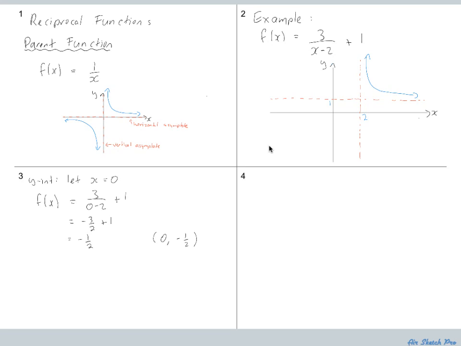Again, if that's looking like voodoo magic to you, then you'd have to ask yourself, where am I getting lost? Is it that I don't understand why we're setting x equal to 0? Or is it because I don't understand the substitution step? Is it because I don't understand my fractions yet? Every single one of those statements can be solved by review, by asking me to help you, and all that kind of stuff.